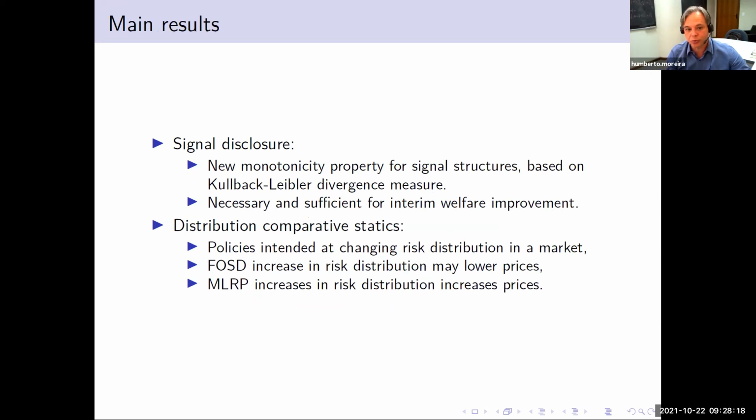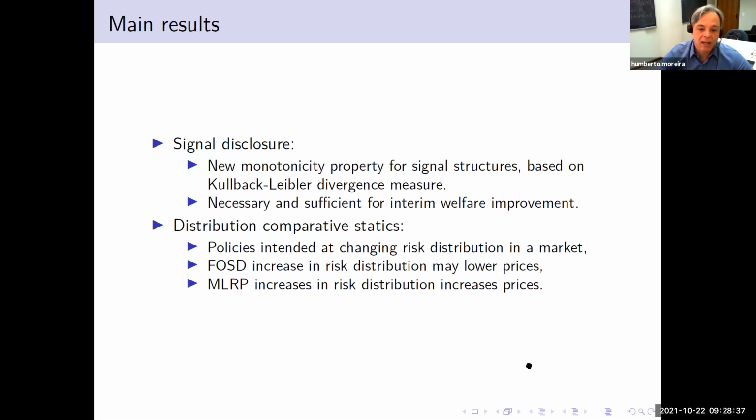One is signal disclosure. We're going to show a new monotonicity property for the signal structure, based on the Kullback-Leibler divergence measure, that is necessary and sufficient for a signal structure to be welfare improving.